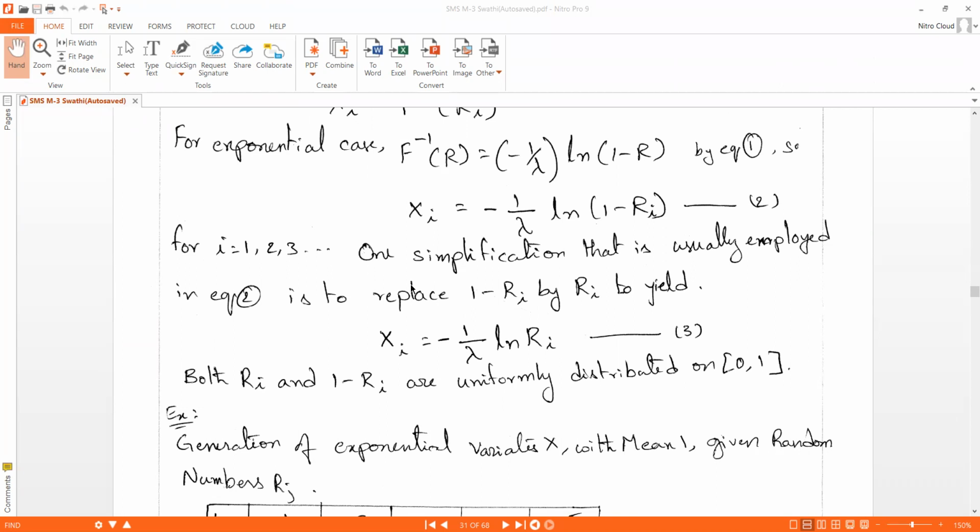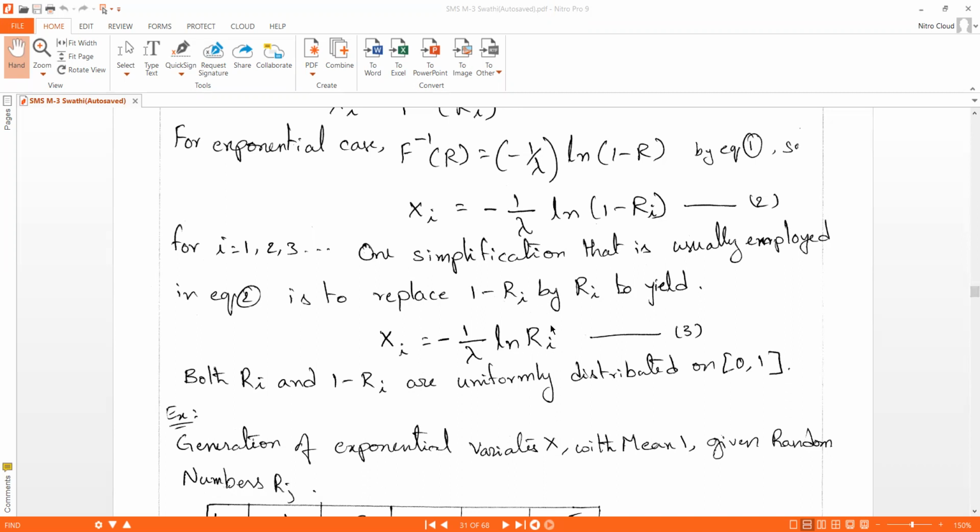One simplification usually employed in equation 2 is to replace the 1 minus ri by ri. If you replace 1 minus ri with ri, the equation yields xi is equal to minus 1 by lambda into ln of ri.